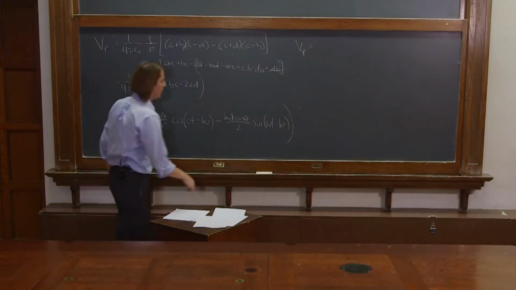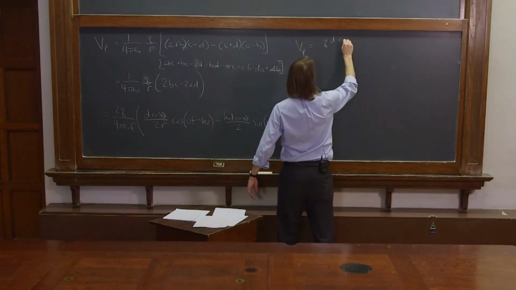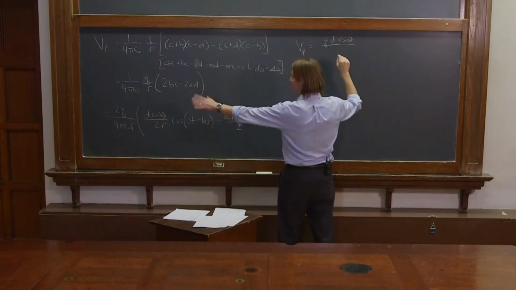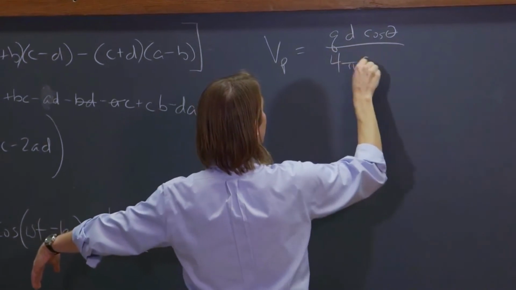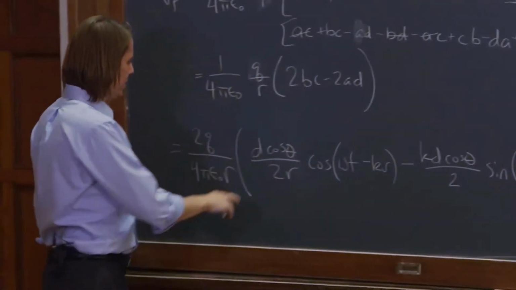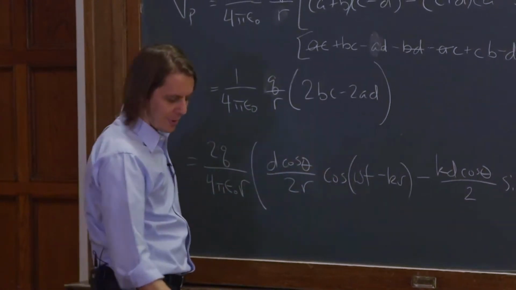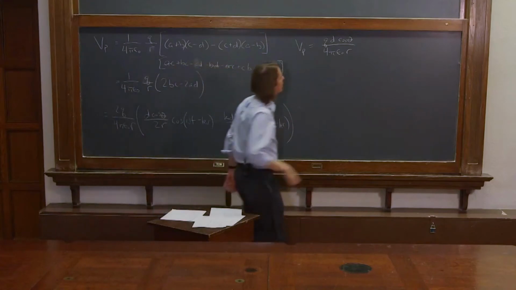Yeah, I was going to cancel that too. Okay, yeah. So Q, D, cosine theta, and it canceled that too, so it's still 4 pi epsilon naught R is going to come out. And what's that going to leave us? D cosine theta over 2, 1 over R cosine omega t minus kr.